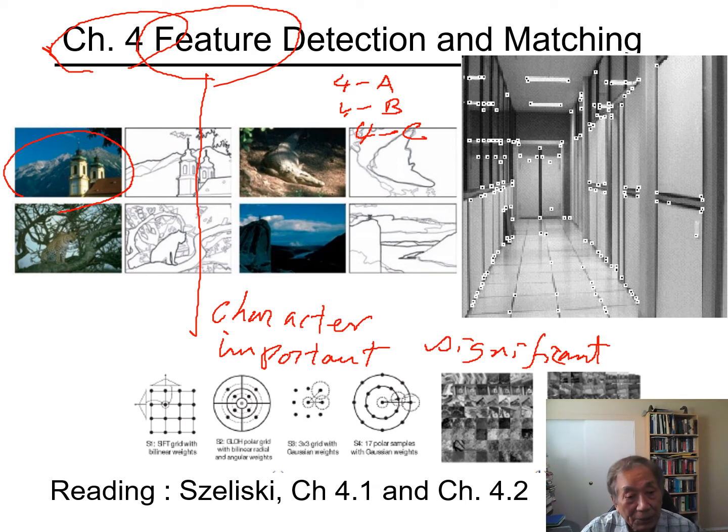So what we can easily think is, oh, these 2 big towers are something interesting or important or worthwhile that characterize this picture, the main point of this picture. So all those terms, something important, something worthwhile, something significant, that is a feature.